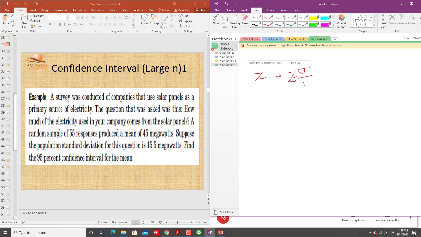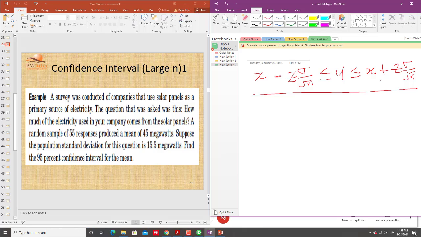Sigma over square root of n is less than or equal to the mean, which is less than or equal to x plus z times sigma over square root of n. This we already know is how to calculate the confidence interval of the mean.